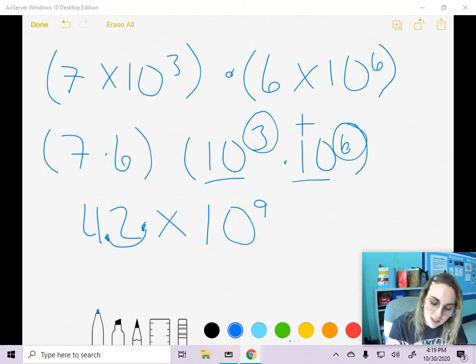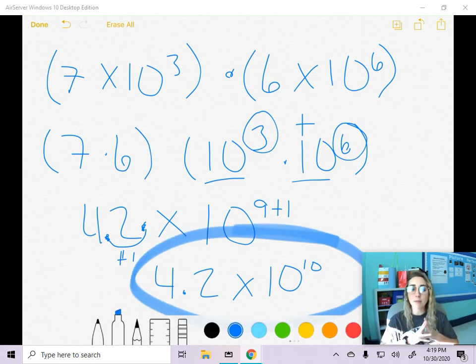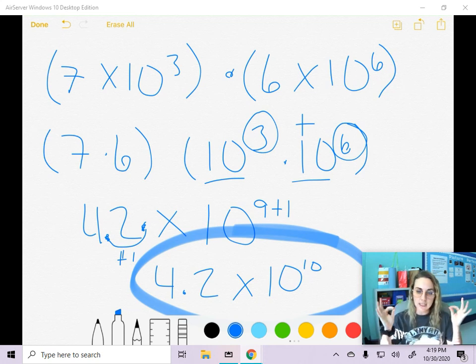When you move it to the left, that's a plus 1 for the exponent. So the answer turns into 4.2 times 10; 9 plus 1 is 10, so it's to the 10th power. Now it's in proper scientific notation, so you are finito.